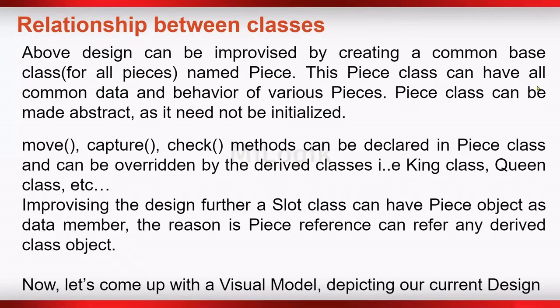This piece can have all the common data in the behavior of various pieces. And you can make this as an abstract. That means the developer cannot create an object of it. And move, capture, check, etc. All these can be declared in this piece class. And let us override these methods in the derived class, that is king class or queen class or bishop class or whichever.